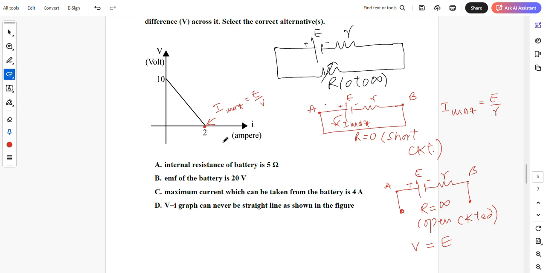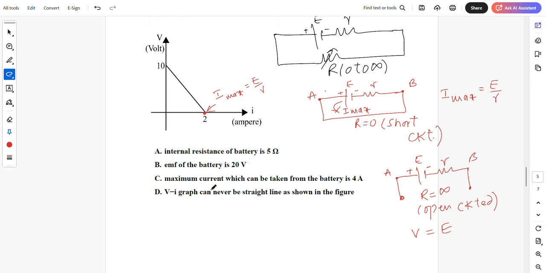Terminal voltage V will be equal to how much? If I draw a graph, this is V and this is small I. Current is maximum, E by R. Here, what will V be equal to? E. This happens only when R is equal to infinity.